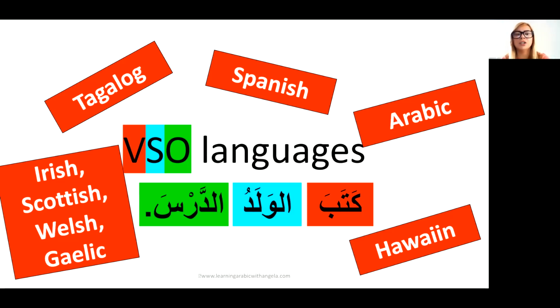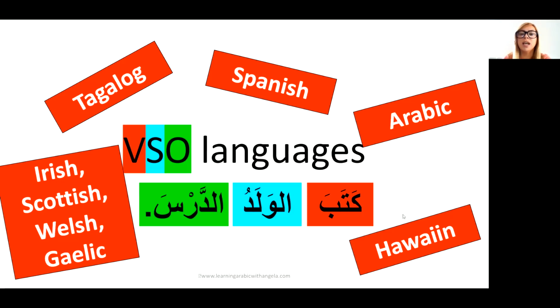So unlike in English, in Arabic you can say كتب الولد الدرس. He wrote, the boy, the lesson. So that doesn't happen in English because English is a subject, verb, object language. But Arabic, Spanish, Tagalog, Hawaiian, some Celtic languages like Irish, Scottish, Welsh, and Gaelic, they have that type of order.